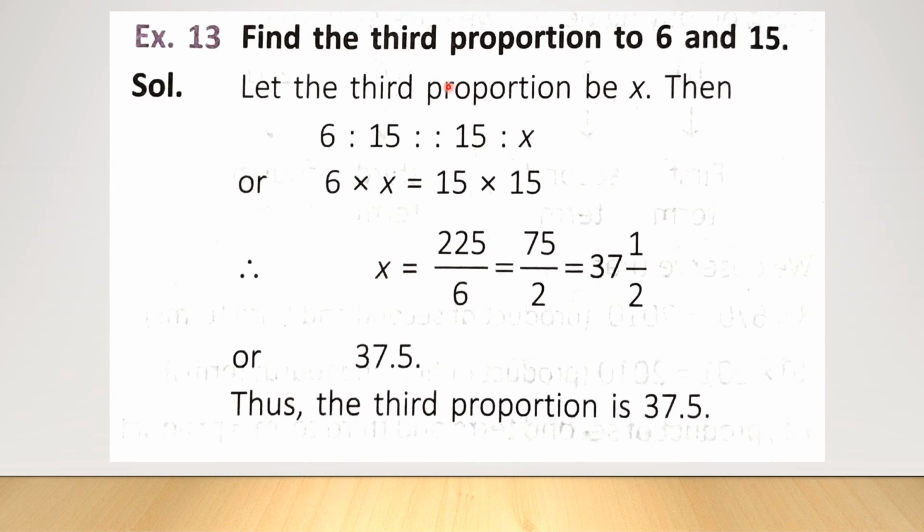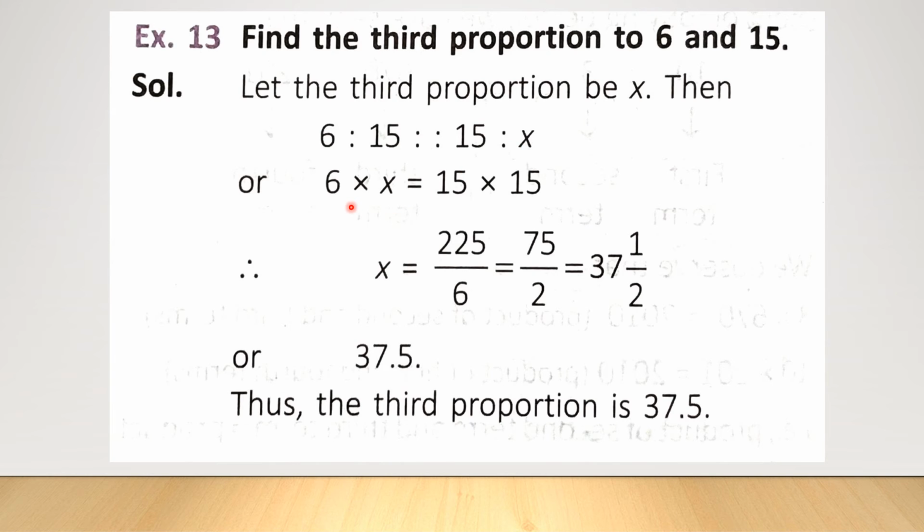Another example: find the third term to 6 and 15. In a continued proportion we have only three terms, so let the third term be x. So 6, 15 and x are in continued proportion. The second term is repeated, so 15 will be repeated: 6 is to 15 is equal to 15 is to x.